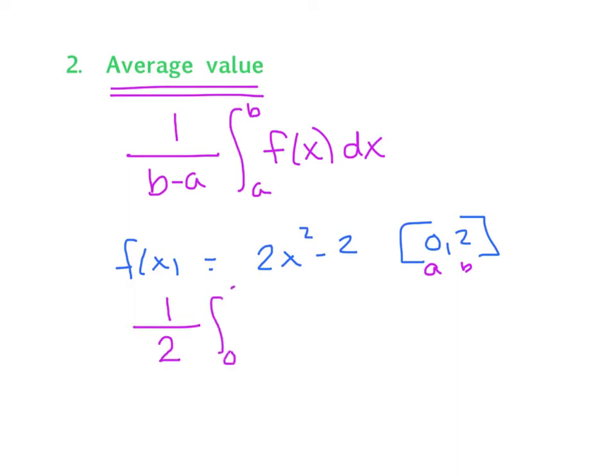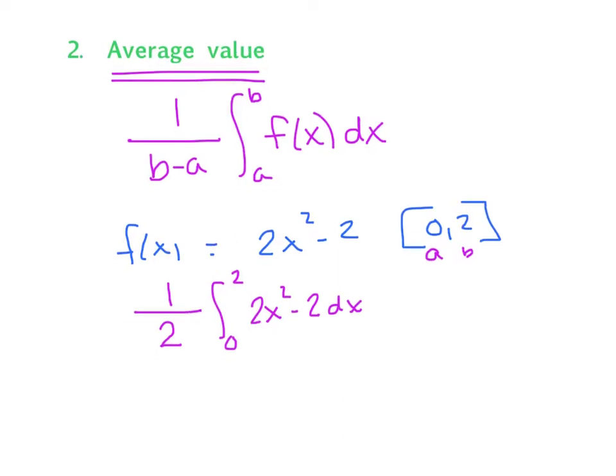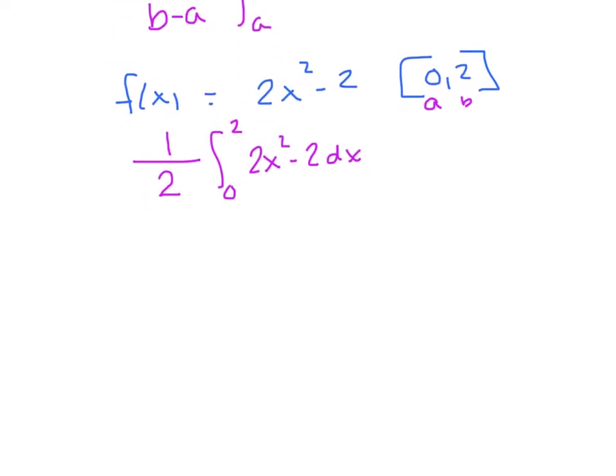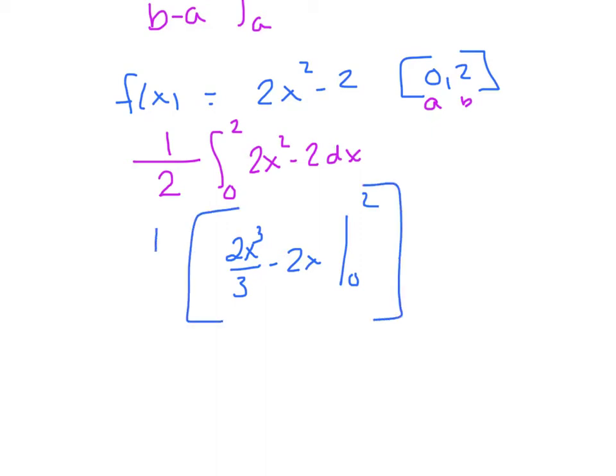The integral from 0 to 2 of my function f of x, which is 2x squared minus 2 dx. Okay, now we'll simply integrate. I certainly don't need a u sub, there's nothing fancy here. So I get 2x cubed over 3 minus 2x from 0 to 2. And I'm going to bracket that in and leave my 1/2 out front. Just don't forget to multiply by that 1/2.